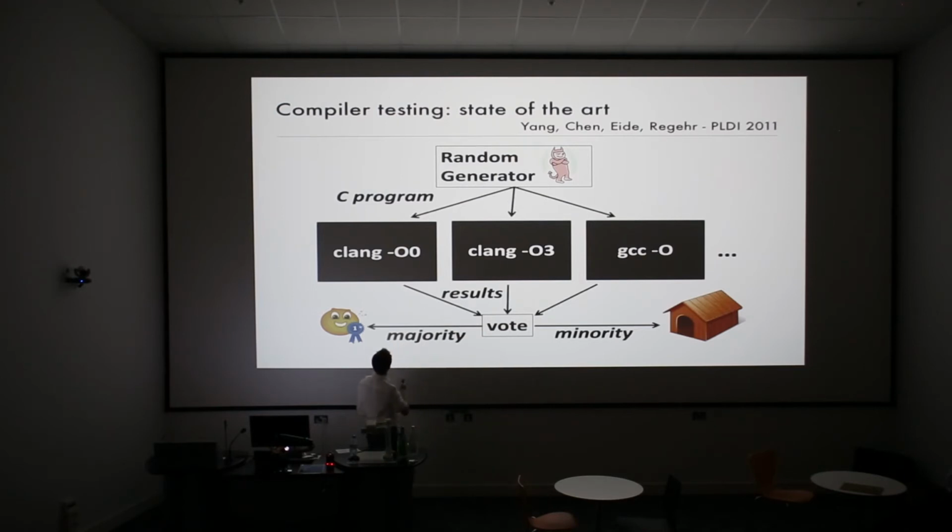And then you compile them with lots of different compilers, as many compilers as you want. And then you execute all the binaries, and you collect all the checksums, and statistically, if you get one checksum that differs from all the others, then probably your program hit a compiler bug, and well, you start doing test case reduction, and you file a bug report.